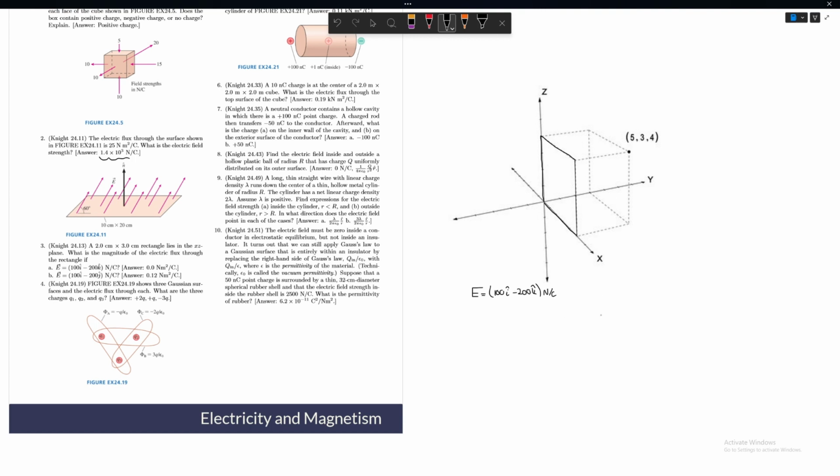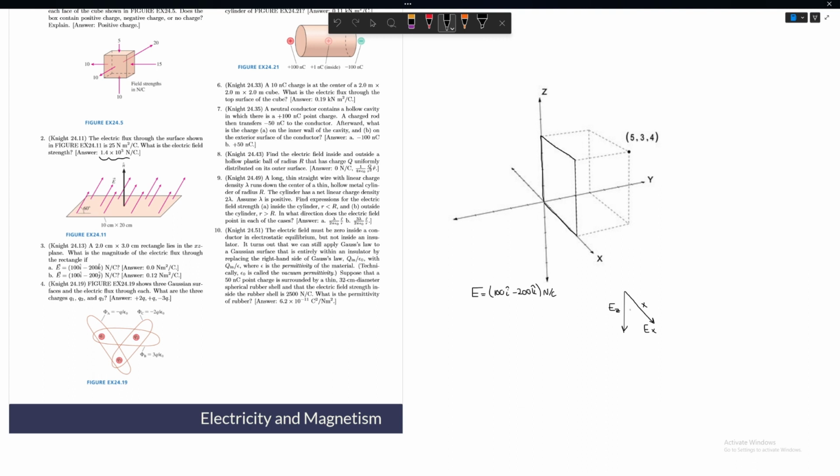So if we find where the angle is, we know this is going to the right because this is positive, so it's in the X. That's my first E in the X, and negative 200 in the K, so it actually goes down in the K. And that is my E in the K, and that represents my Z, so I should probably put Z instead.